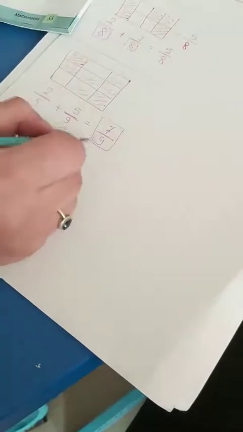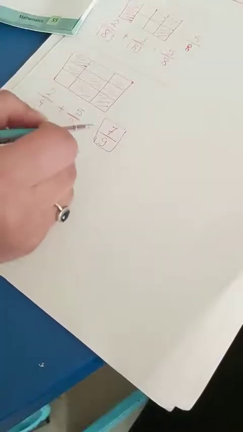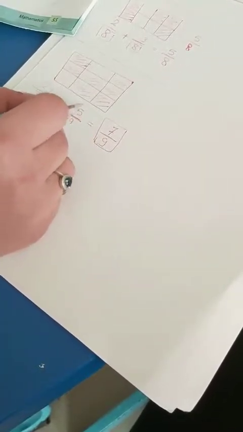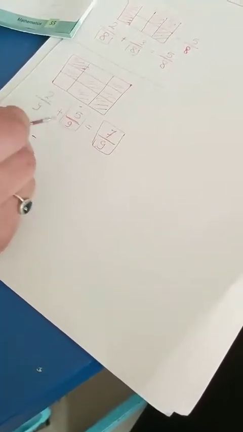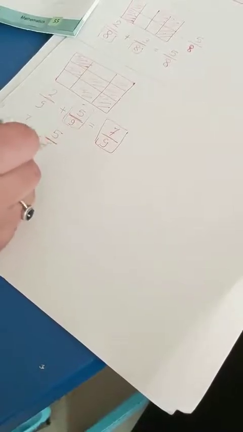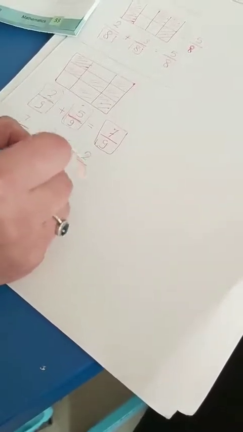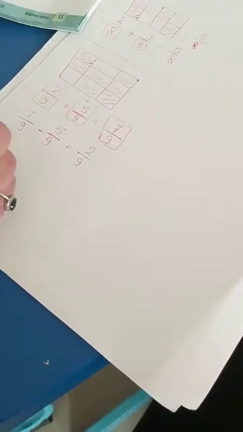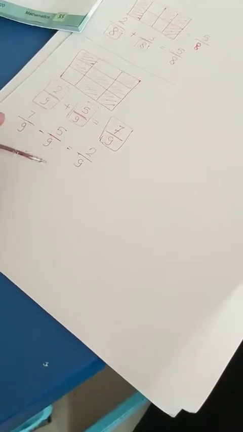So if I take this one, 7 over 9, and subtract one of these fractions, like 5 over 9, the answer will be the other fraction, 2 over 9. Let's see. I have here 7 over 9.